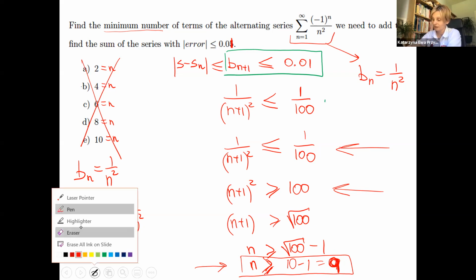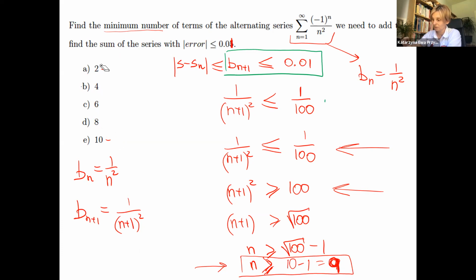Actually, if we don't have a 9 in the list, then we will pick 10, because that could also be the case.